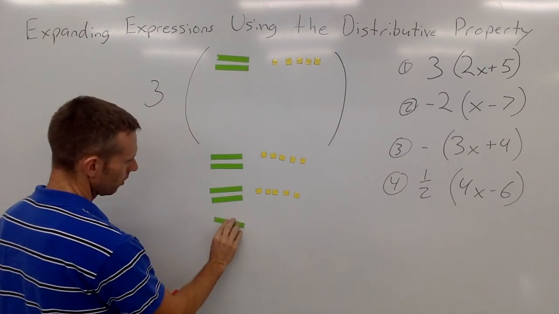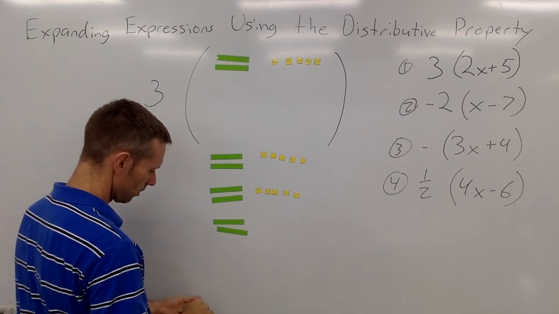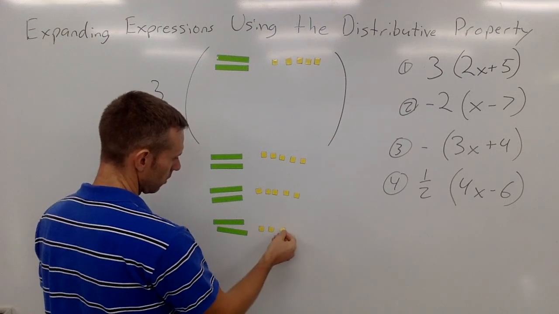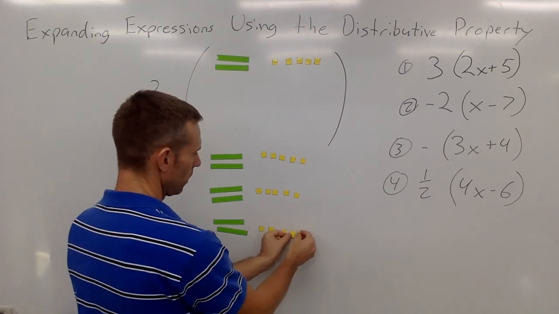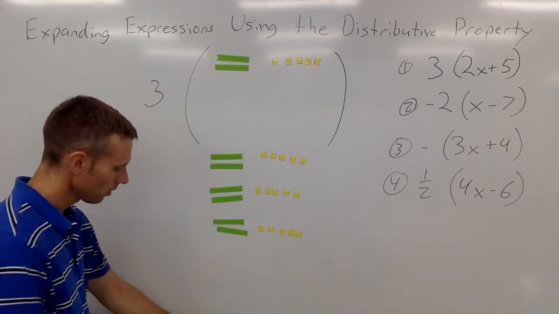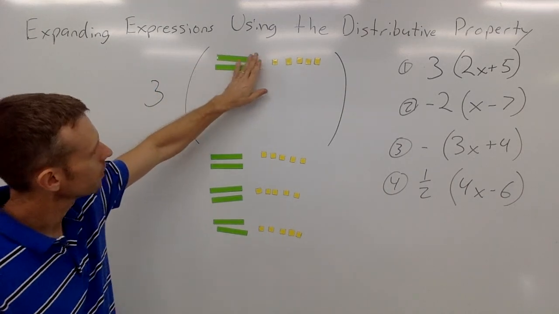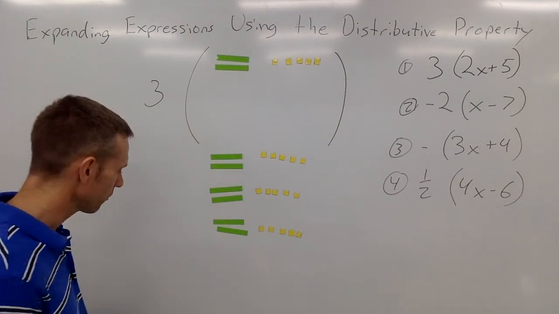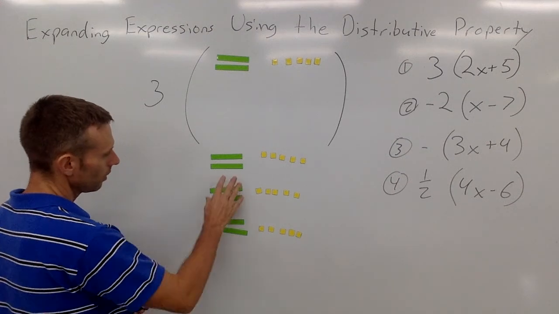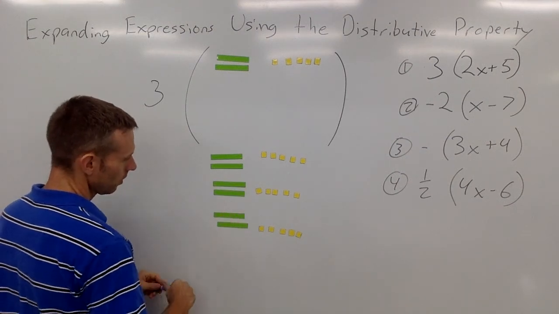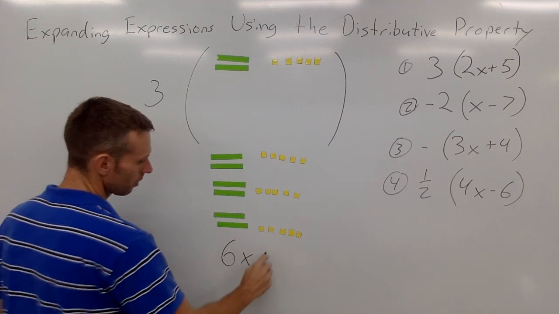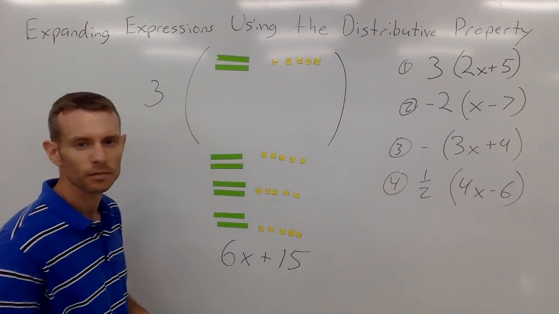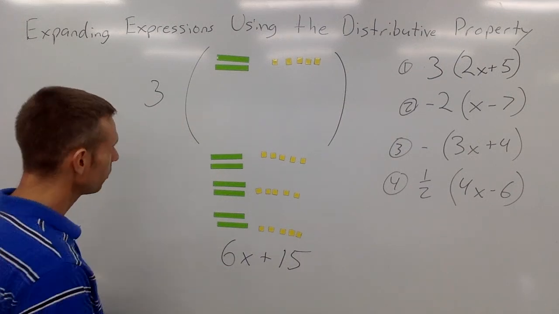And one more, 2x plus 5. So 3 times 2x plus 5. Here is 2x plus 5, 2x plus 5, 2x plus 5. What do I get? I get a total of 6x plus 15. I hope you can see why that is.